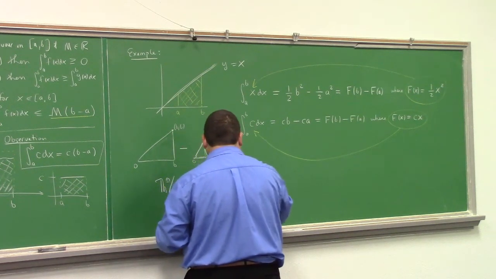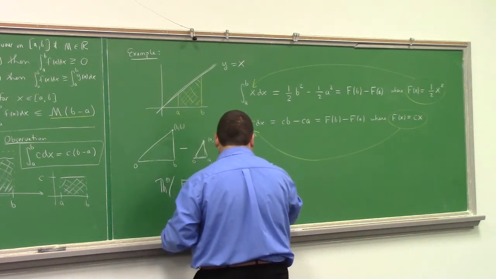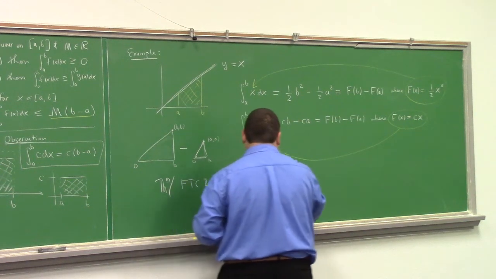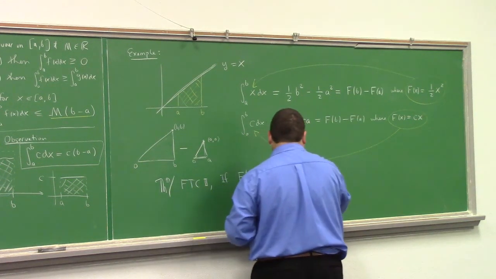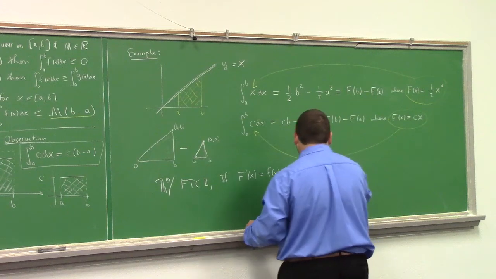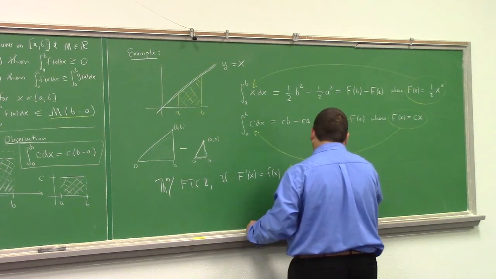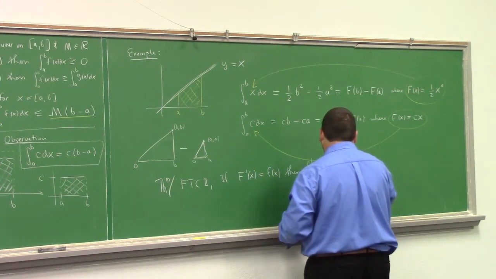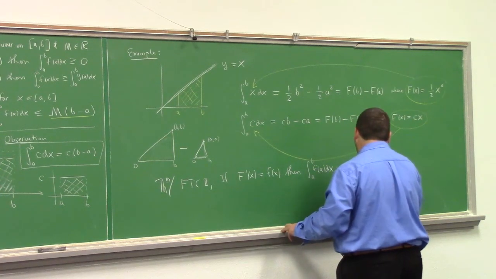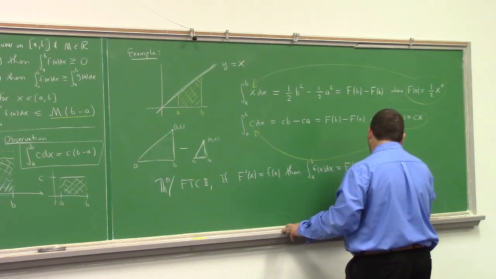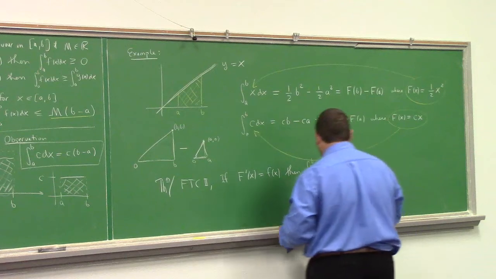If big F prime of x equals little f of x, then the signed area, the integral from a to b of little f of x dx, is equal to F(b) minus F(a). All right?